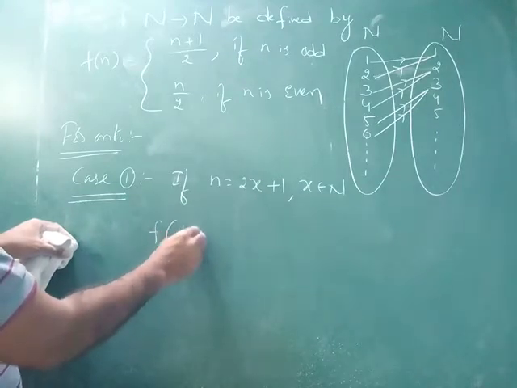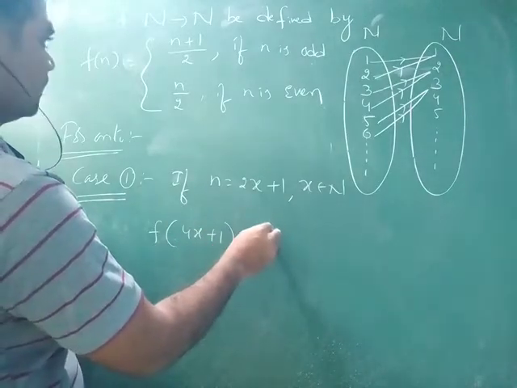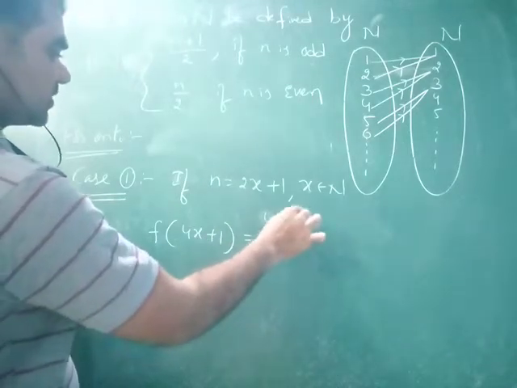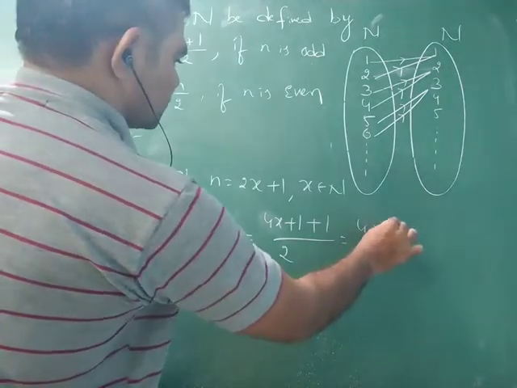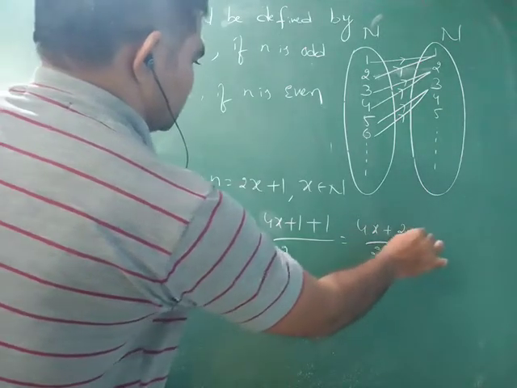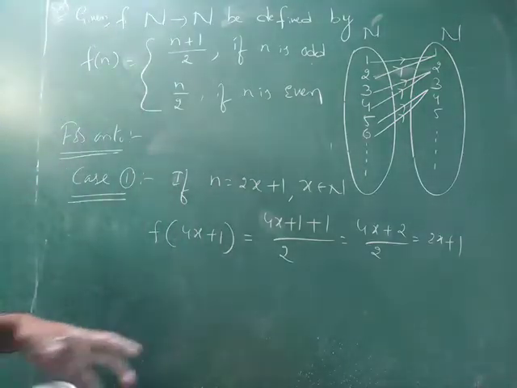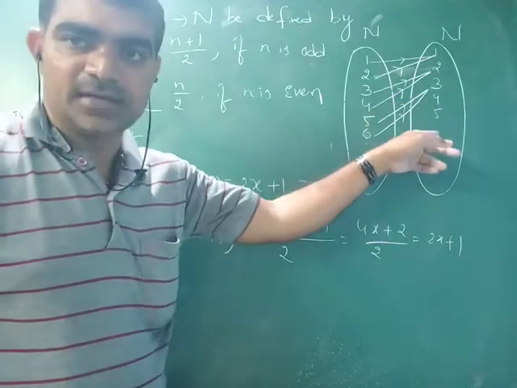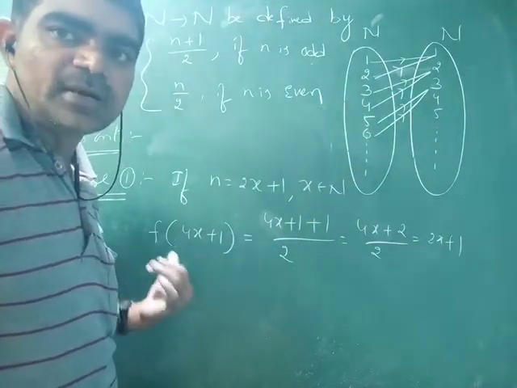What is f of 4x plus 1? 4x plus 1 by 2, that is 4x plus 2 by 2, which is nothing but 2x plus 1. That means for every odd number in the codomain, there exists 4x plus 1 in the domain.